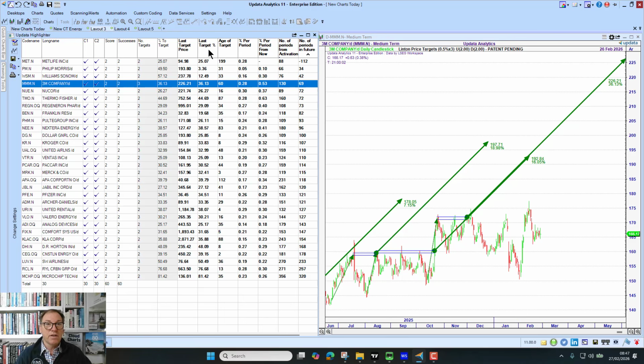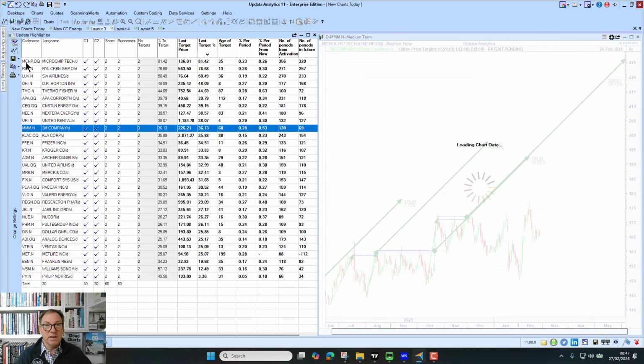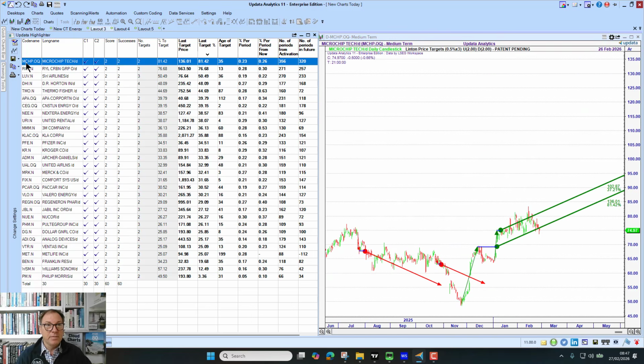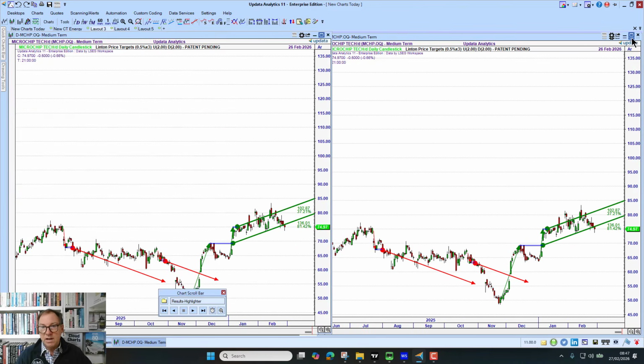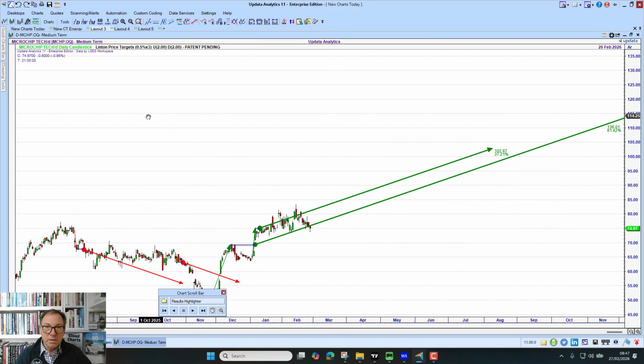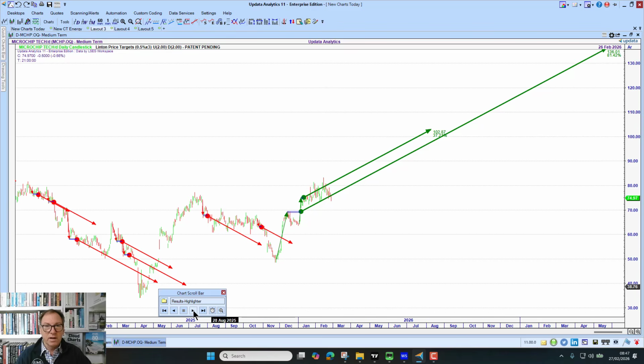So I'm just going to go for the largest target first of all, and we could just click here and we see the results. In fact, you can just scroll these charts, and that makes it really easy to watch, and we can literally go through the results, and one after another I can see the charts.